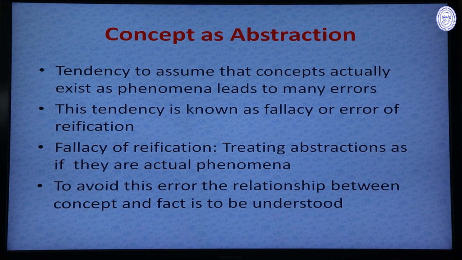This relationship needs to be studied. This is the way we can come out of this fallacy of reification. Otherwise, there is a general tendency to assume that the concept and the phenomena are the same thing.